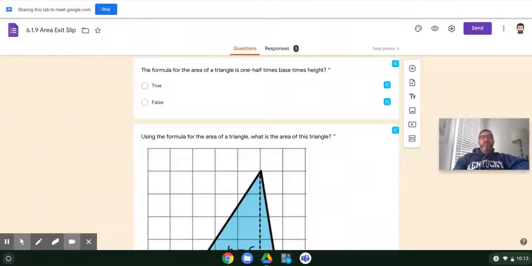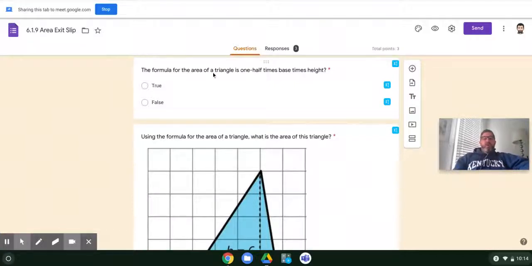So if we want to find the area of a triangle, and when we draw the line, we can make two identical triangles. If we want to find the area of one of those triangles inside the parallelogram, what do we know we have to do to find the triangle? Divide it by 2. That's right.